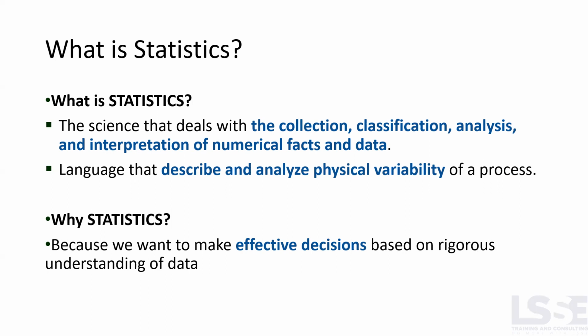It's basically the science that deals with the collection of data, classification, analysis, and interpretation of facts and data. It is the language that is used in Six Sigma to describe and analyze the physical variability of a process. So you might be asking, why statistics? Because statistics will help us make effective decisions.